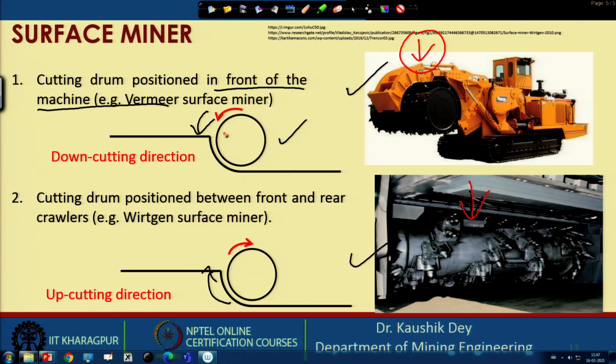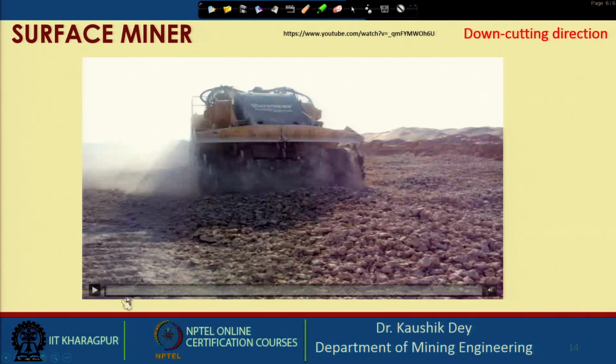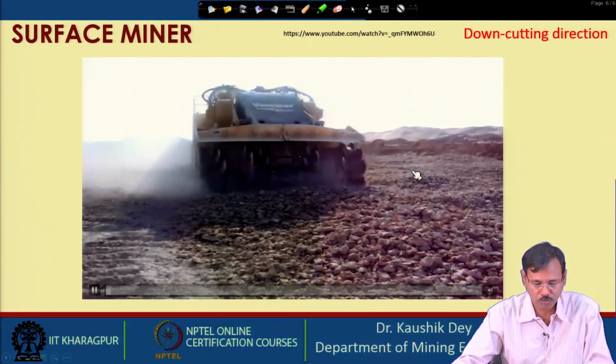Otherwise, the moment the drum is allowed to cut without a normal force, the drum will try to jump from the floor. So, you need to provide sufficient normal force so that it can cut the material. In this case the machine weight is acting on it, so significant normal force is given, but in the other case you have to additionally weight this drum to get the desired normal force.